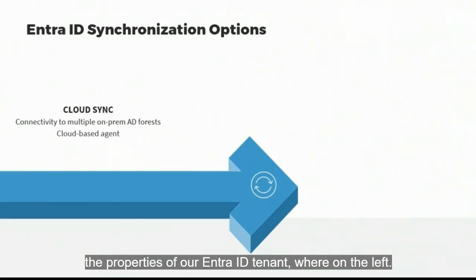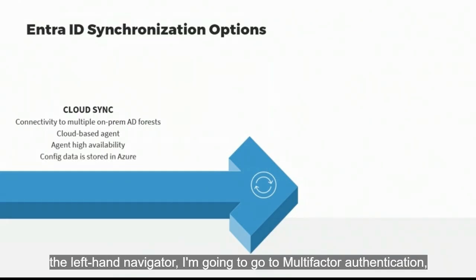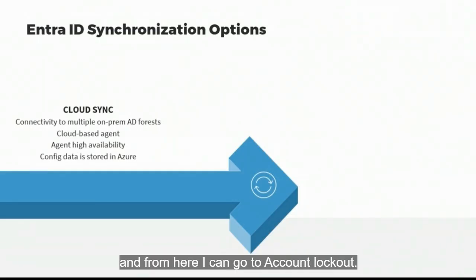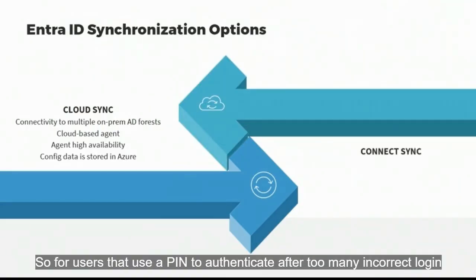Instead, we have a cloud-based agent that talks to our on-prem AD. It's designed to be a highly available agent, and the configuration of that agent is stored in Azure, not on an on-premises server.